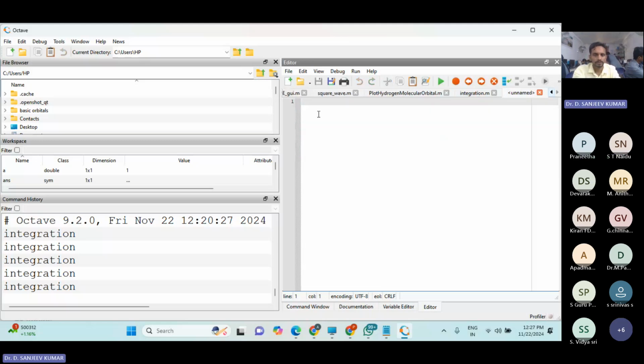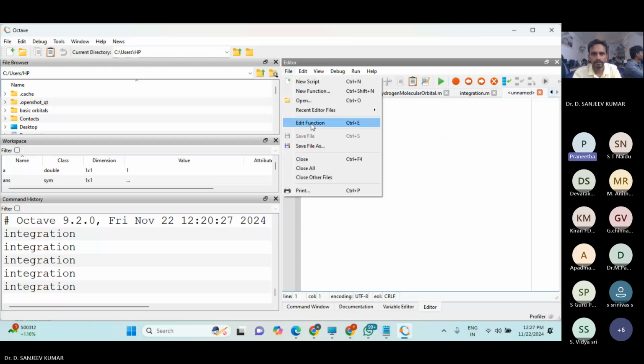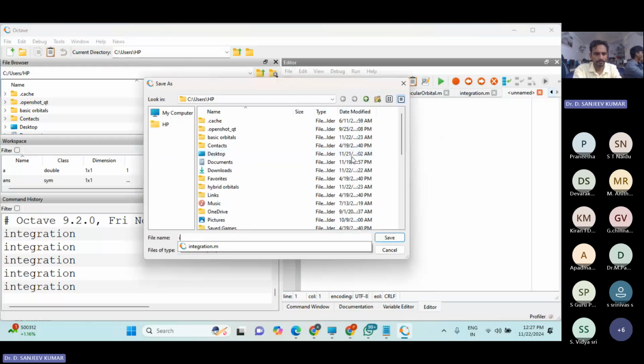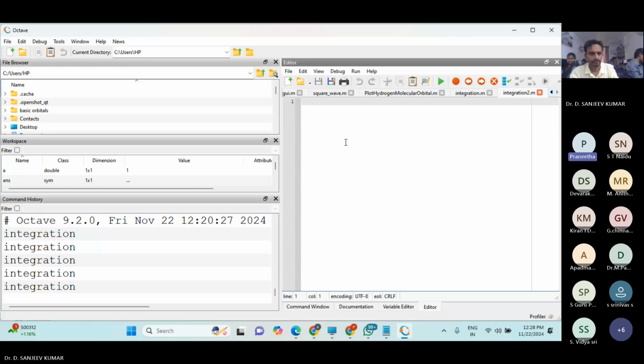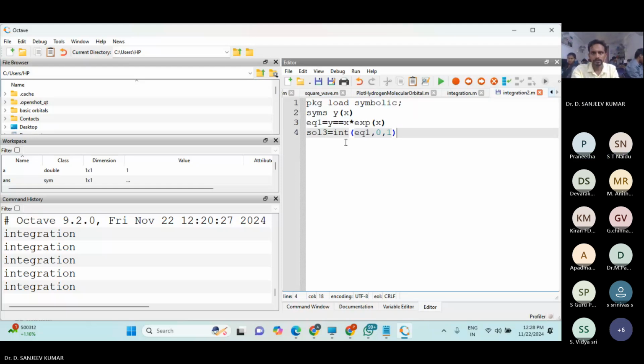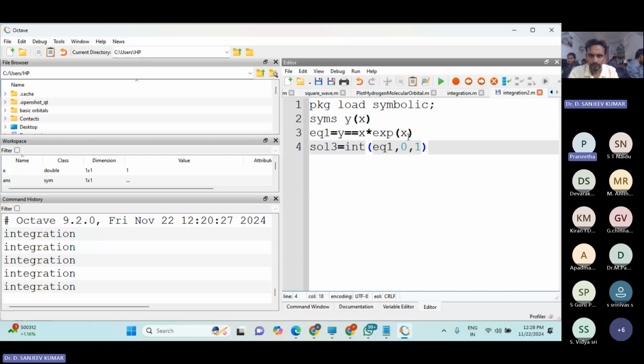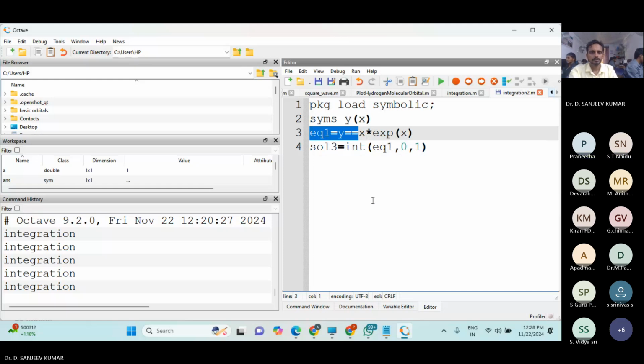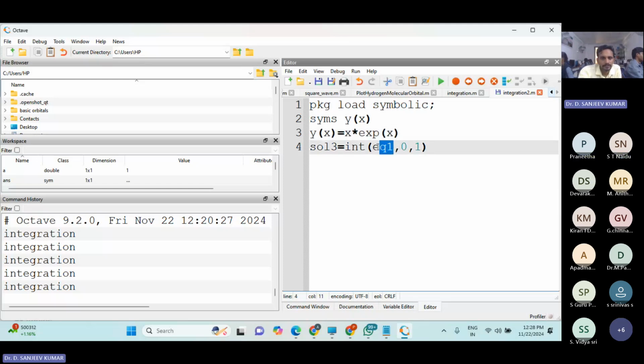Take a new file, save as integration2.m. Copy paste the existing program. Since y of x, write y of x is equal to x e power x. Integral y.